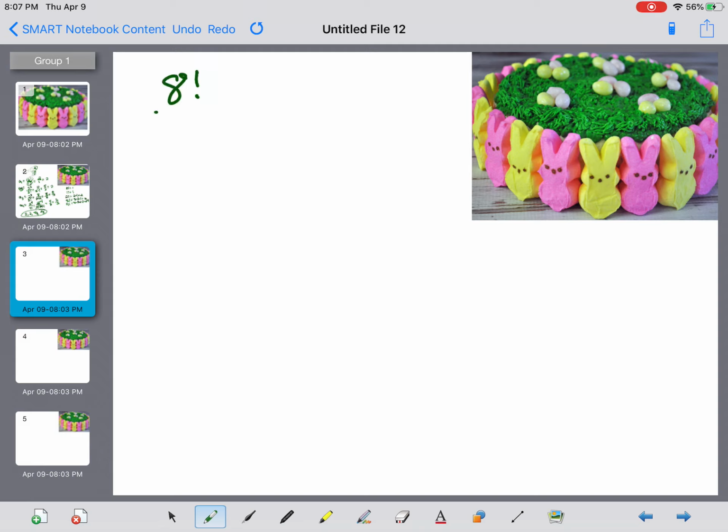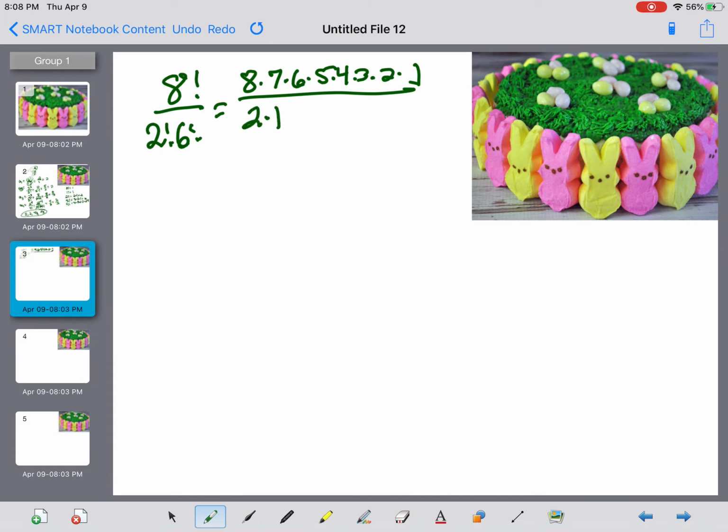Okay, so next we have some problems that you'll work. 8 factorial over 2 factorial, 6 factorial. So it gives me 8, 7, 6, 5, 4, 3, 2, 1 over 2, 1, and then 6, 5, 4, 3, 2, 1. This all cancels out, and you have this left.